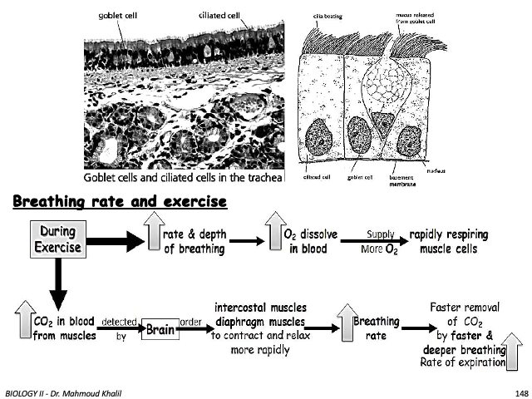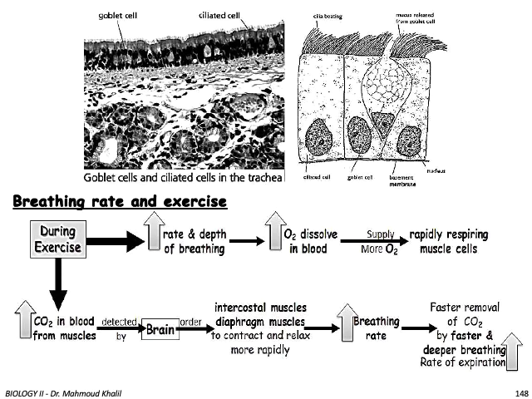Now, how is the breathing rate related to exercise? During exercise, the rate and the depth of breathing increase so that more oxygen dissolves in blood, supplying more oxygen for the needs of rapidly respiring cells, while carbon dioxide in blood increases during exercise from the muscles.